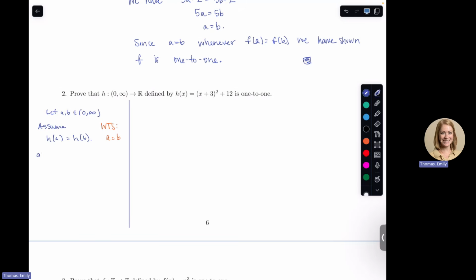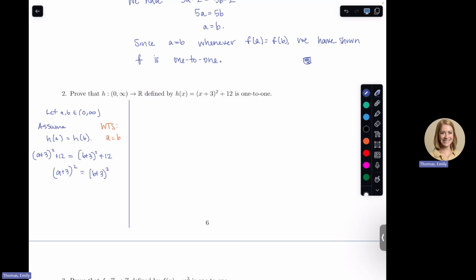So we're going to do (A plus 3) squared plus 12 is equal to (B plus 3) squared plus 12. And then we're going to basically solve that, like get A and B equal to each other. So subtracting 12 from both sides, you have (A plus 3) squared is (B plus 3) squared.